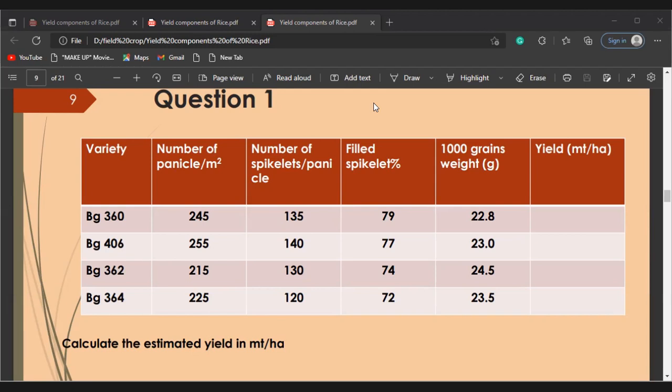Now you have to calculate the yield. Can you? Quickly calculate the yield.